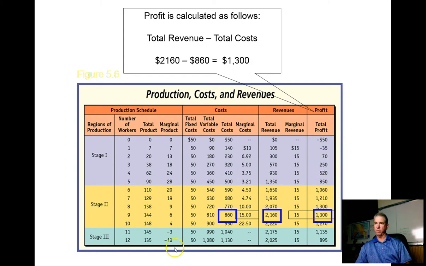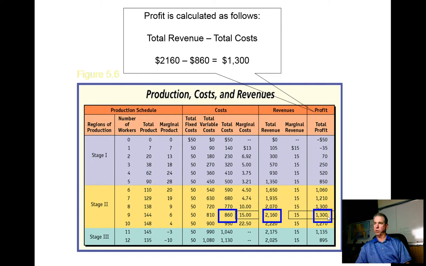Let's take a look at 9 workers in Stage 2. At 9 workers, we are producing a total product of 144. That's generating $2,160 in revenue, minus our total cost of $860, which gives us a profit of $1,300.